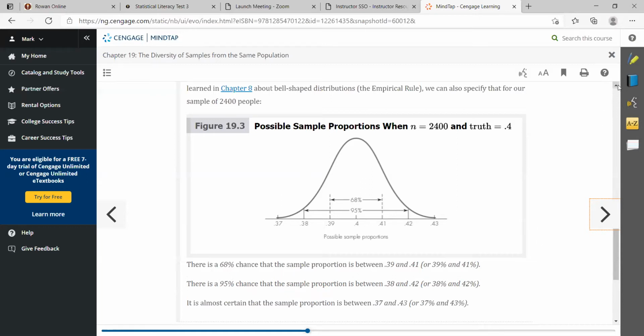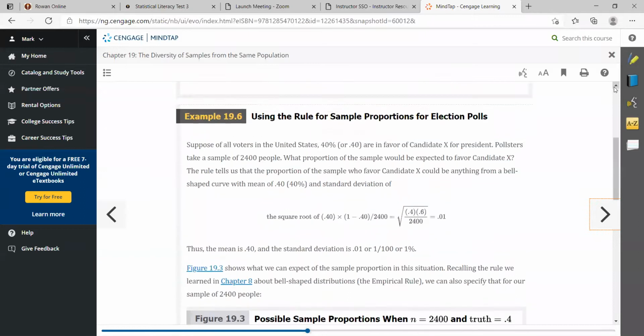So if you see on your test a question similar to this, then this is where you go to look how to do it. You calculate the standard deviation first. You look right, and you calculate it because you have the hypothesized population proportion mentioned here.